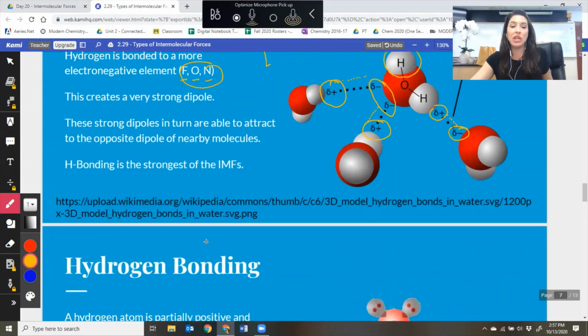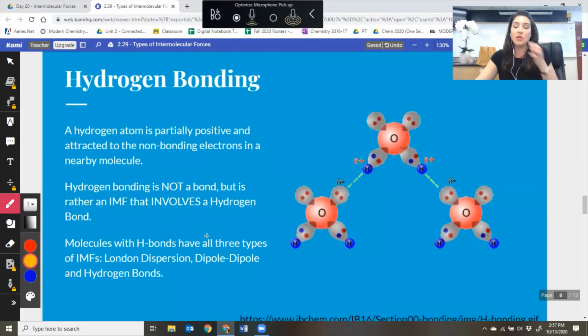Here's another way of looking at hydrogen bonding. As you know, oxygen has two unpaired electrons not participating in bonds on this slightly negative end. Those unpaired electrons are very much attracted to the slightly positive hydrogen in nearby molecules.